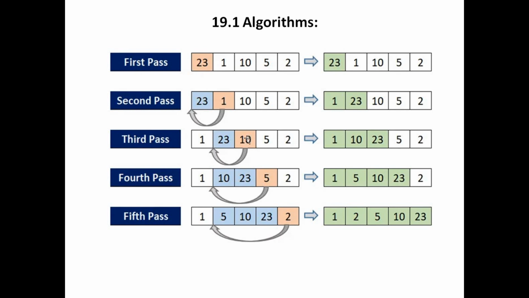Next, it is going to take the third element and compare it with the first two elements, and it will decide that 10 should appear between 1 and 23, so it will insert it there and move 23 ahead, so it will become 1, 10, 23. These three will be sorted, 5 and 2 are unsorted. Then it will do the same with 5 and finally 2, and we'll have our sorted array.